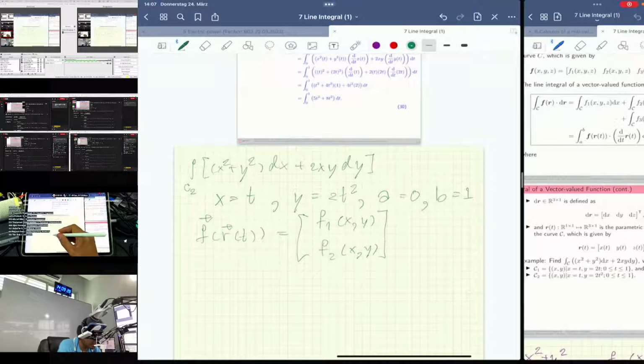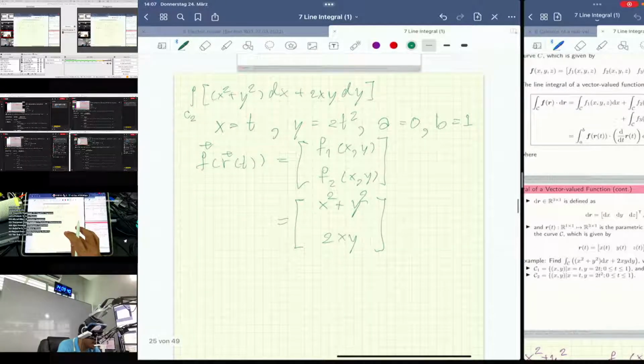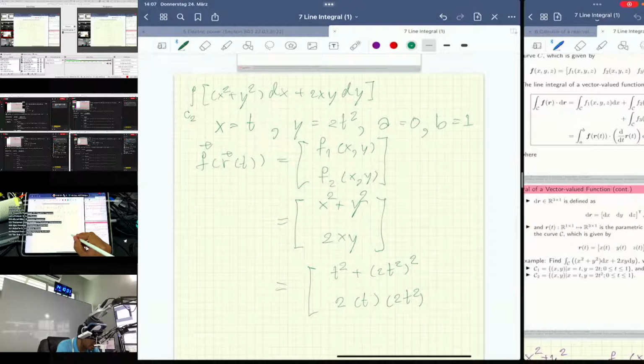And of course we have here f1 is x squared plus y squared, and f2 is 2xy. We're going to replace x by t, so we have t squared plus y squared, which is 2t squared, and 2 times x is t, y is 2t squared. Okay, and that's the vector function.